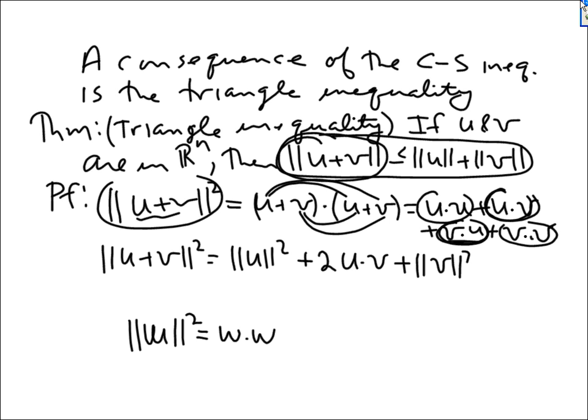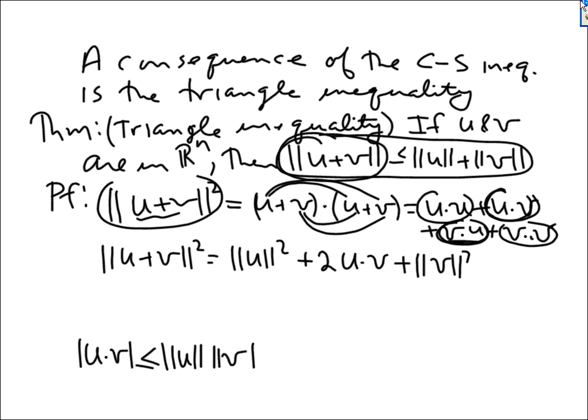Okay. Now, what is the Cauchy-Schwarz inequality? That's the one we have to know. It says that u dot v in absolute value is less than or equal to the length of u times the length of v.